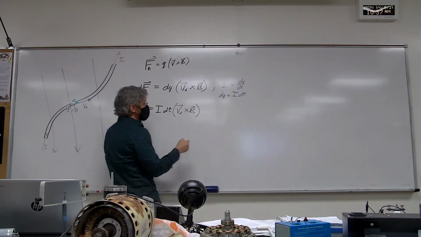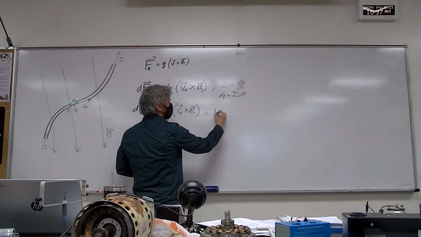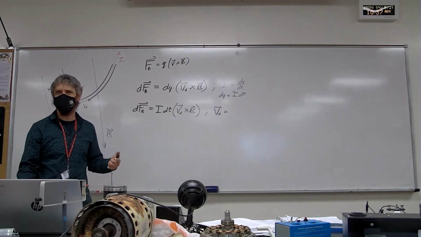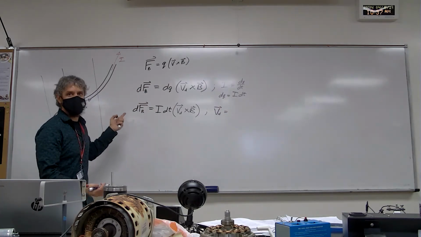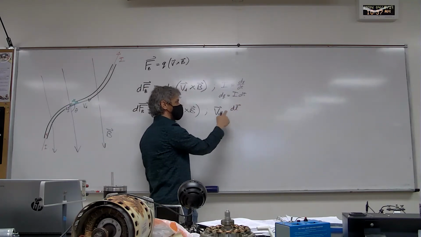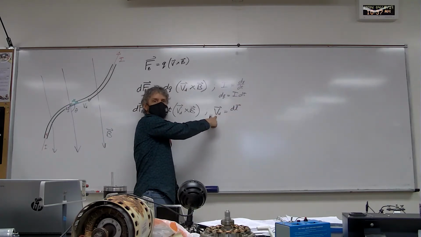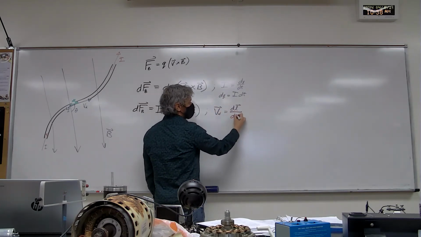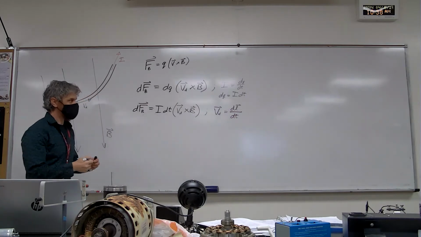All right, and so we also know that velocity is simply displacement over time. Well, our displacement of this charge dq is dl, which again is a vector if we're indicating the velocity vector in terms of it, divided by time, right?